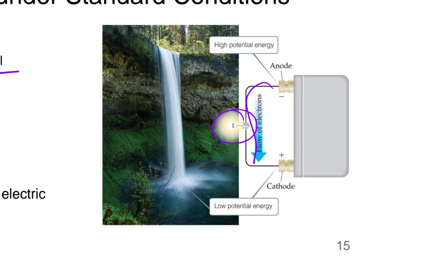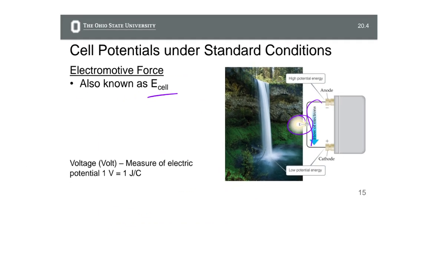And so we are going to figure out how to calculate what we call the cell potential. We'll be typically thinking about standard cell potential, so under standard conditions: 25 degrees Celsius, 1 atmosphere, and 1 molar solutions.